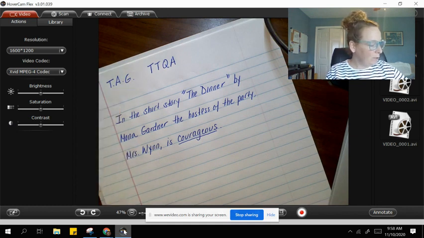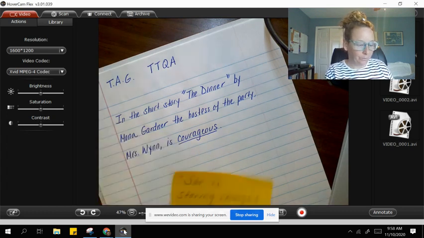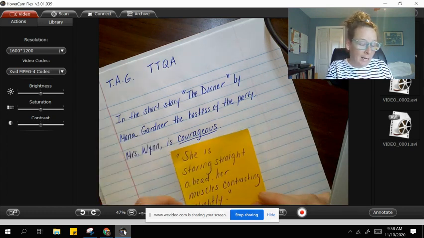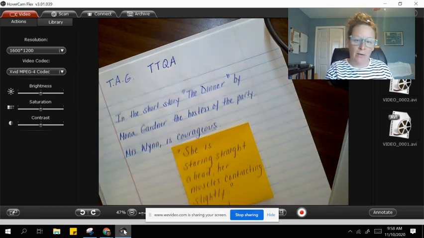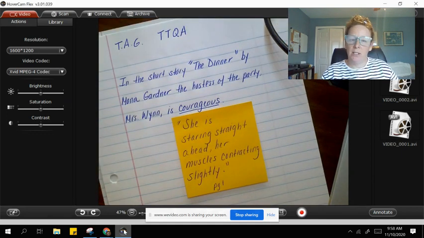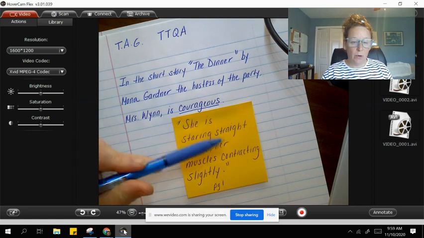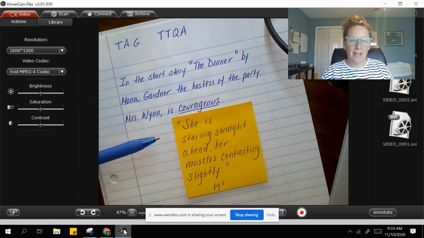The next thing I want to do is use my quotations that I filled out. So I already went through the story, and I know that I want to put down that she was staring straight ahead and her muscles were contracting slightly. But I also know that if I just drop this quote here, I have not set up the quote.